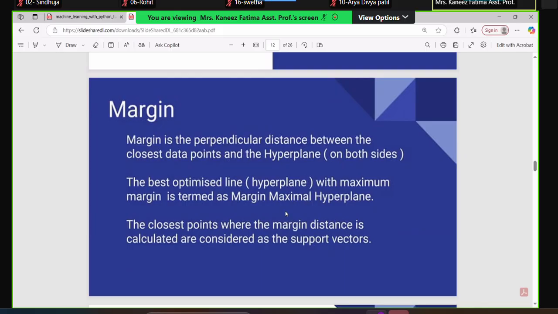By doing this, the closest points where the margin distance is calculated are considered the support vectors. When the margin is calculated with respect to different hyperplanes, we create a margin distance which determines the support vectors, used to analyze the data from one side to the other.